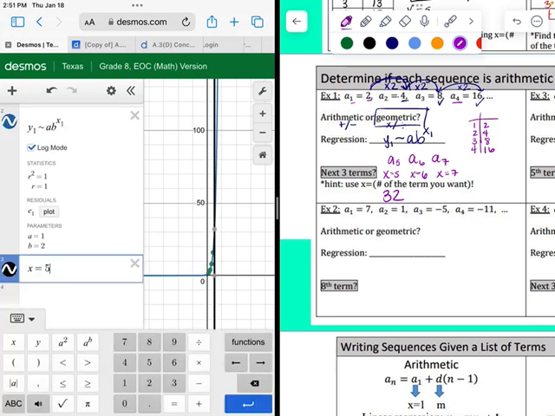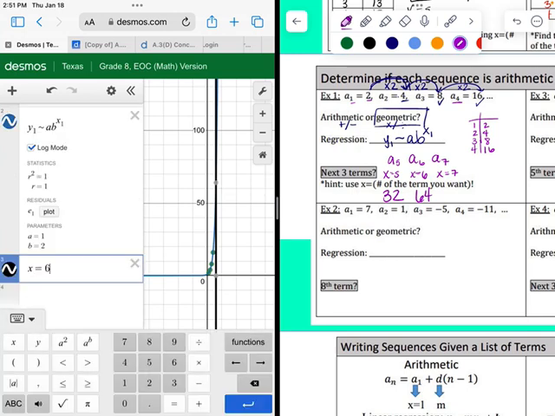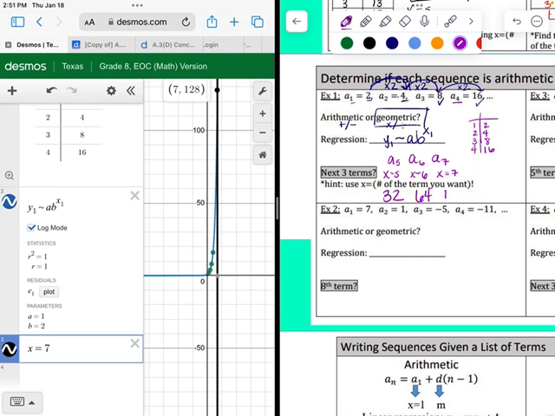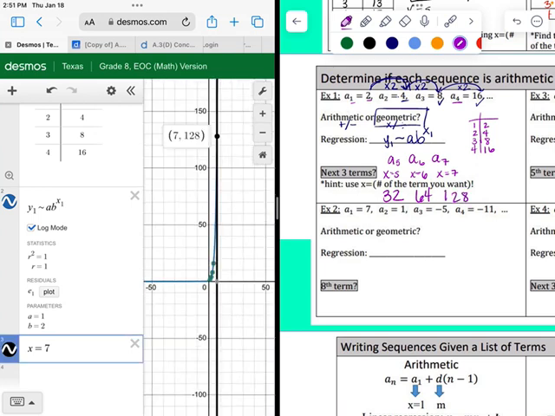And then A6, it's going to be 64. And A7 is going to be 128. So it is jumping up quite a bit. Sometimes you might have to zoom out, but keep on clicking on that just so you can see where it's crossing. So those are my next three terms.